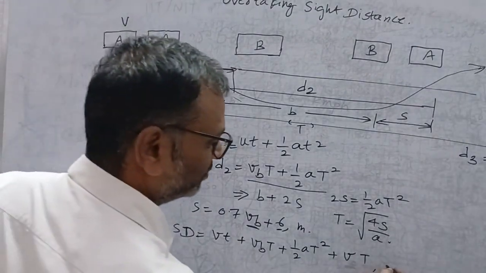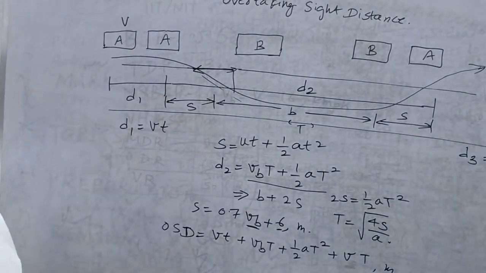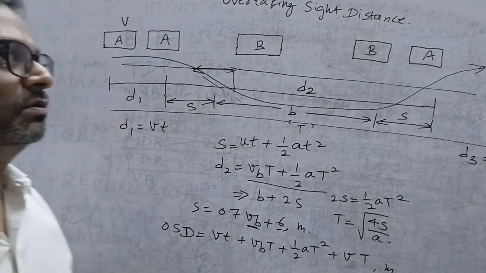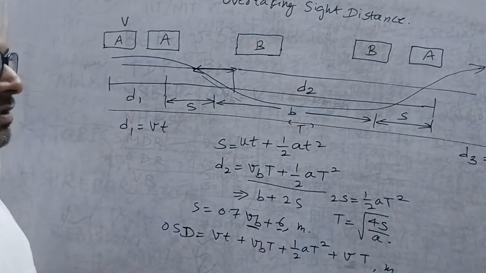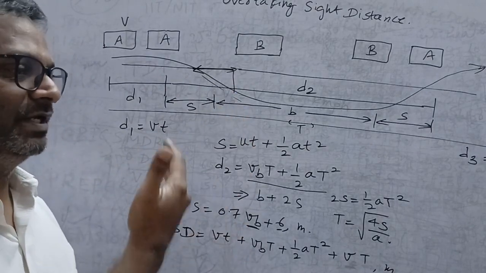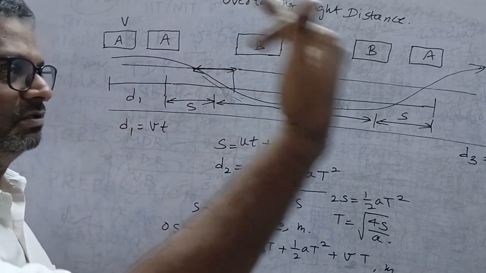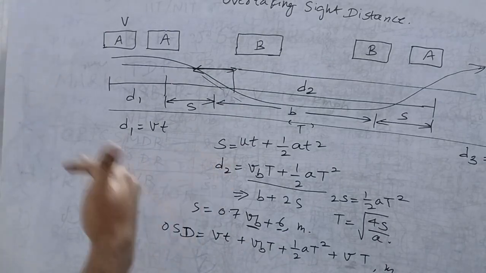This is in meters. Now overtaking zone. What is the overtaking zone? If you observe whenever traveling on highways, the overtaking zone starts, you can see the signboard like that, and after a few minutes or a few furlongs, you can see the overtaking zone ends.